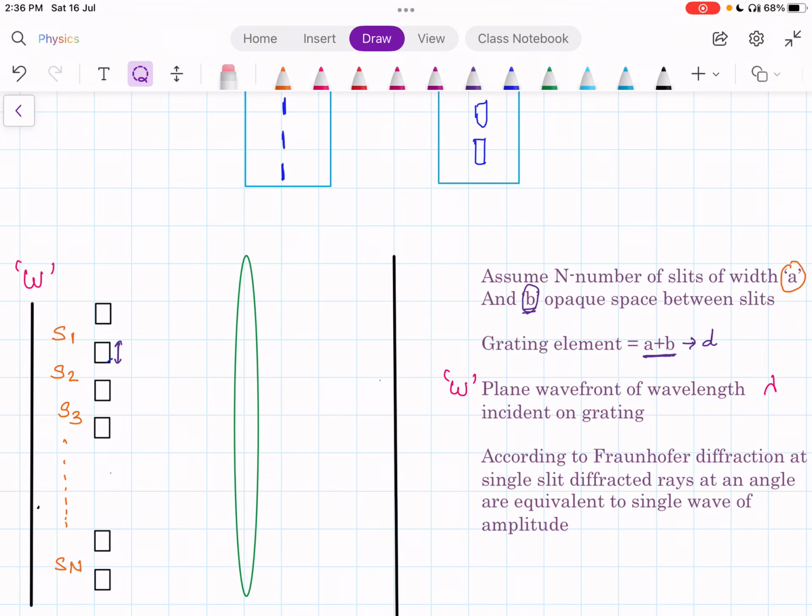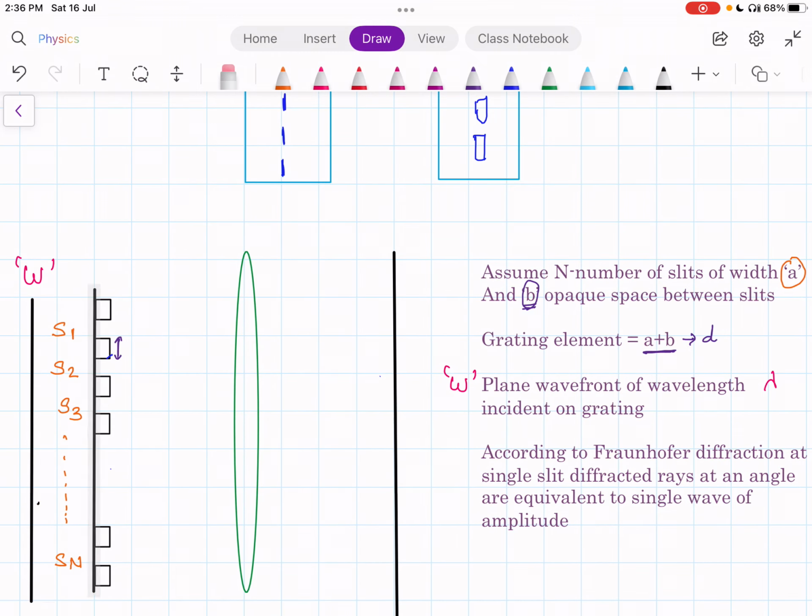When this plane wavefront is incident on this grating, then according to Huygens principle, every point in each slit acts as a secondary source and emits secondary waves in all directions.